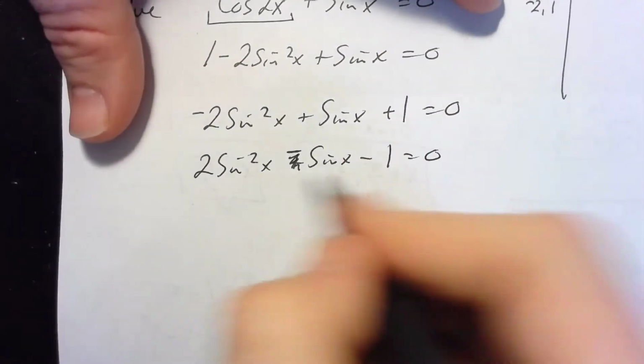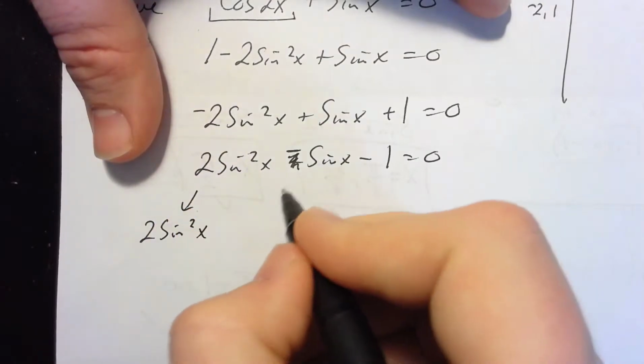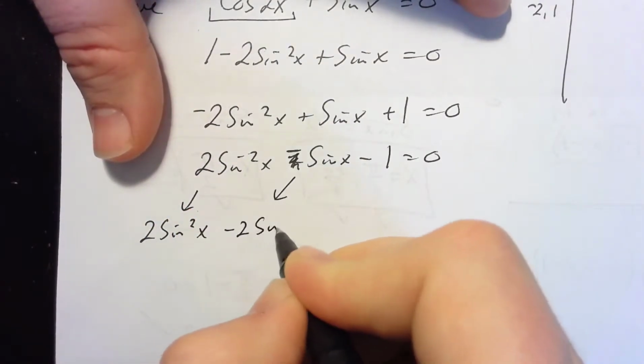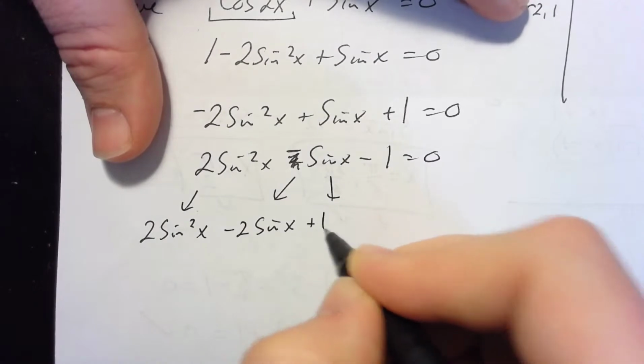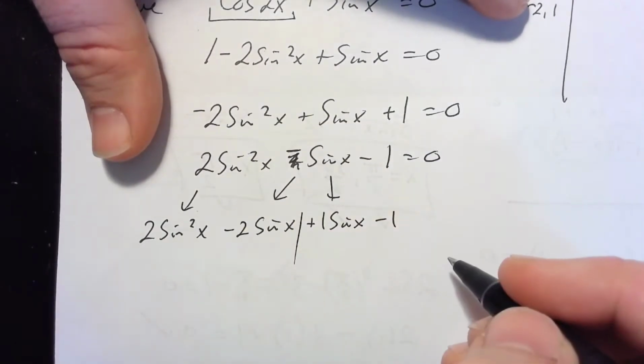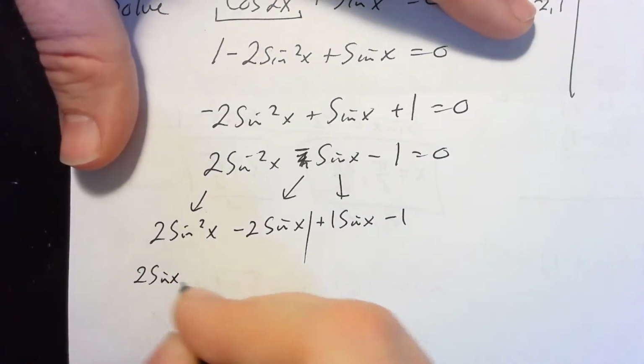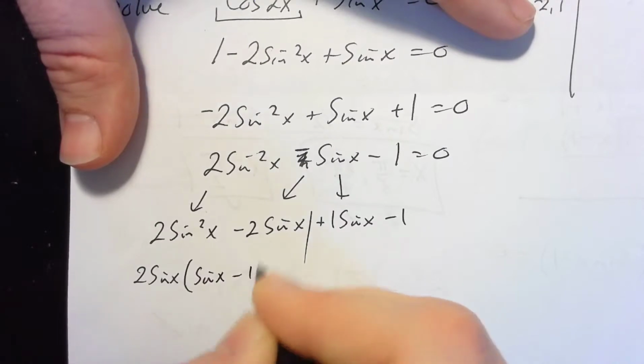I'm going to tear this function apart, leaving the first term as it is, 2 sine squared x, tearing this apart into minus 2 sine x, and then plus 1 sine of x, and then minus 1. I'll draw my line down the center here, factoring out of these two terms a sine of x, leaving me with 2 sine of x minus 1.